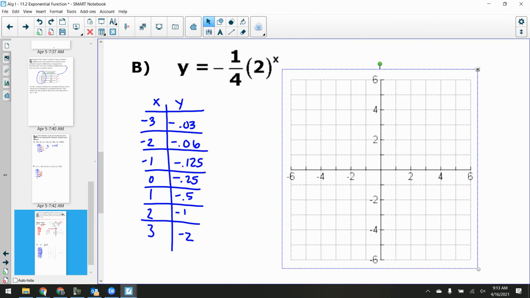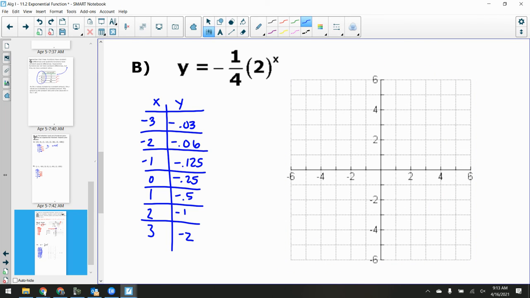And we graph here, negative 3, pretty close to the axis still. Negative 2, pretty close to the axis still. Negative 1, pretty close to the axis still. About a quarter of the way up. About a half of the way up. Oh, shoot, I'm not going negatives. Whoops, these are negatives. They should be below the x-axis.